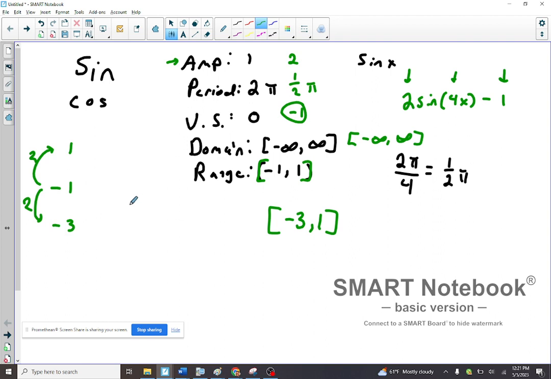Yeah, but the highest is 2. No. Your point is 1. The amplitude is your distance. This is your starting point. This is your distance. So from -1, I go 2 up, which is just 1. Oh, okay. So that's why. That's where I was confused. No problem.